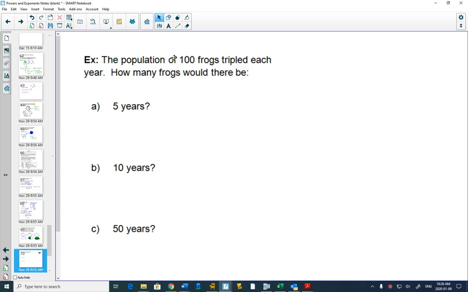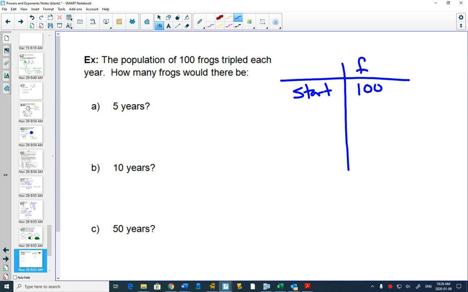The frogs tripled each year. So you start off with 100 frogs. You can make a chart for this as well and put years here. At the end of 1 year, how many frogs are there going to be? 300. It's tripling.